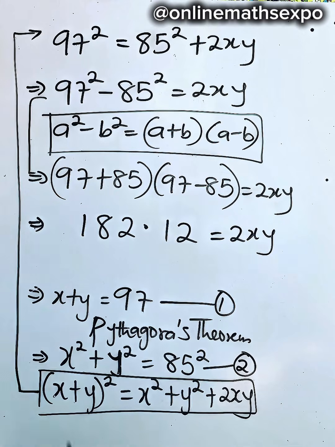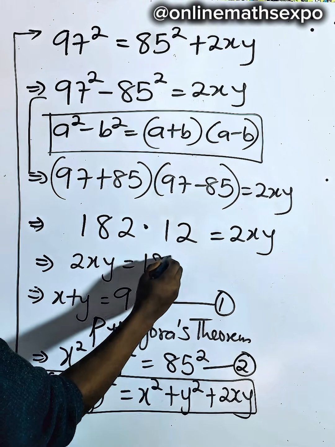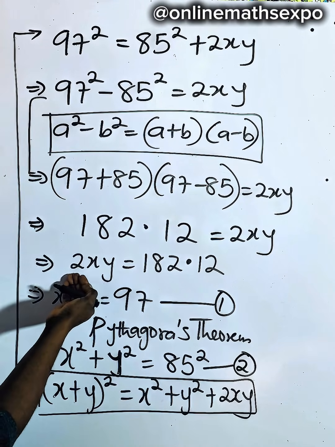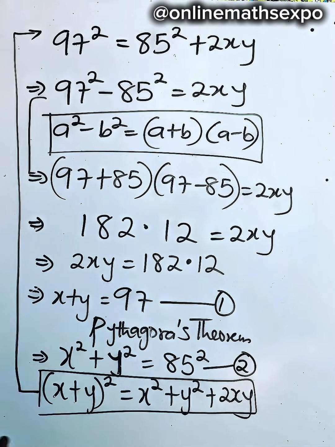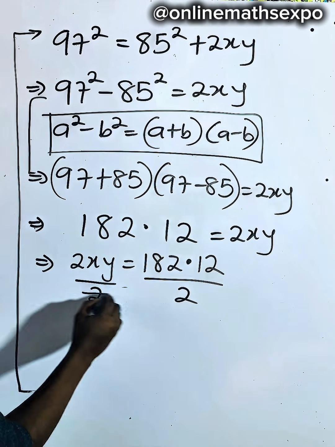And what do we do next? Remember that this is also the same as 2XY is 182 multiplied by 12. So we are going to divide both sides by 2. If you do that, this takes off this.